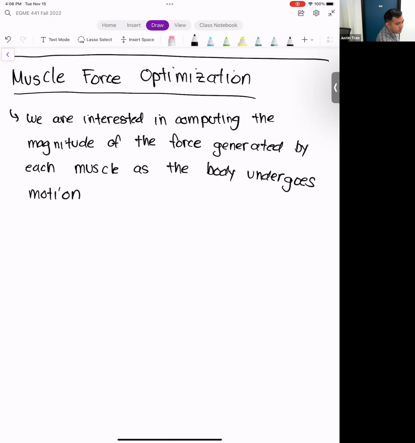And so we know that our body is comprised of all these different muscles. And when they act in unison, they produce the beauty that is human movement. Okay. The problem is, up to this point, we've only covered up to inverse dynamics, right? And with just inverse dynamics alone, that's not enough information to tell us how much force each individual muscle is exerting. The only thing that inverse dynamics gives us is the net amount of force and the net amount of moment that has to occur at each joint.